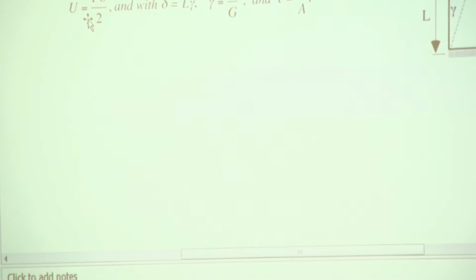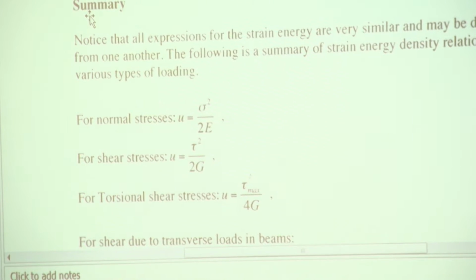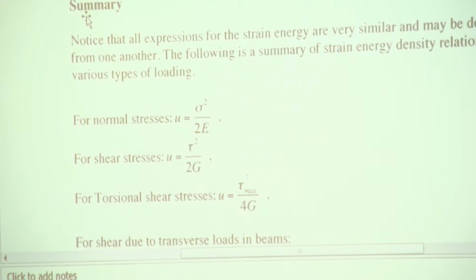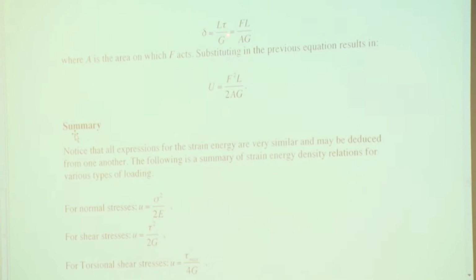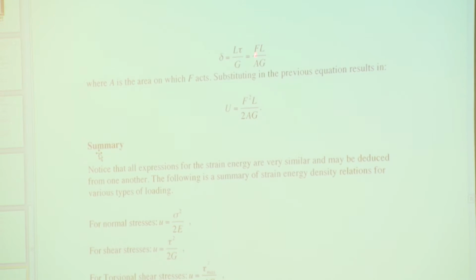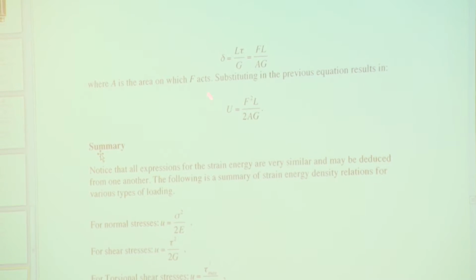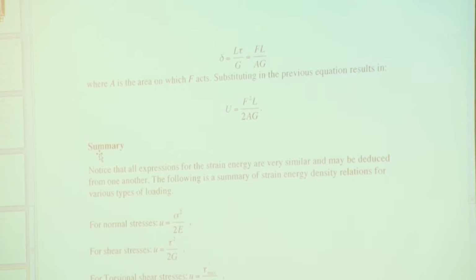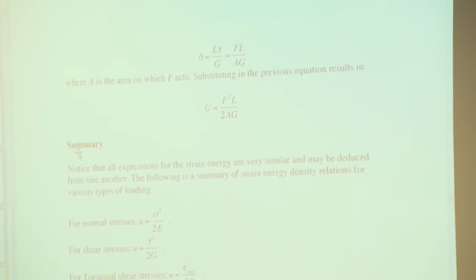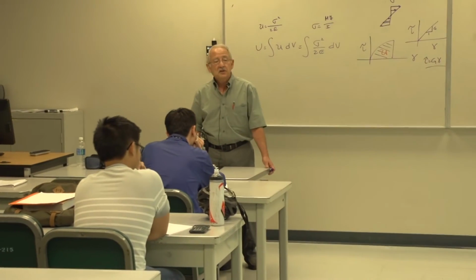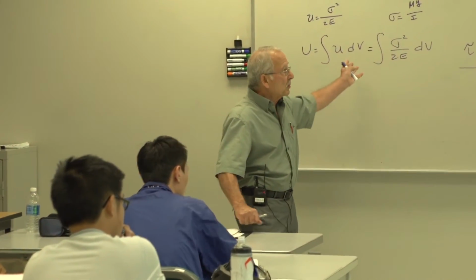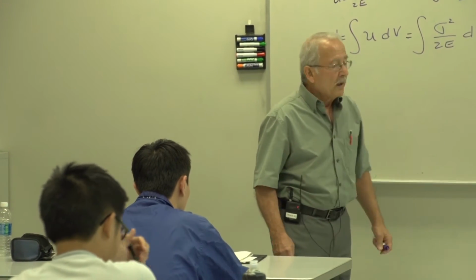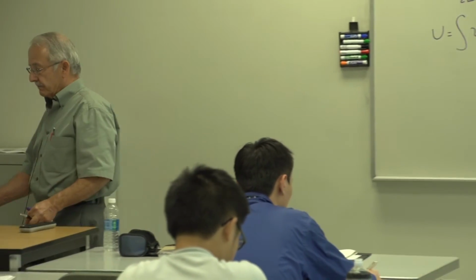And you can also substitute for tau if you want it in terms of F. There is substitution for gamma, L tau over G, substitution for tau as F over A, so you get FL over AG. A is the area on which F acts, one more time. Substituting into the equation for the strain energy, this is what we get. And there is no integral in here because the shear stress in this case is a constant. It doesn't change. Not similar to the bending and torsion case. A summary of all of these loadings.